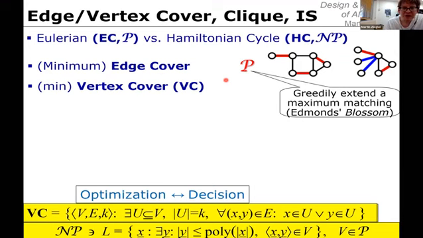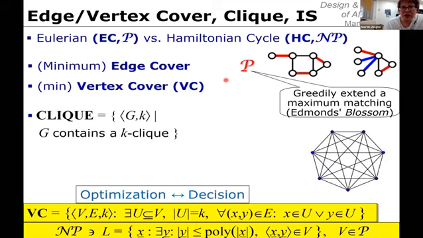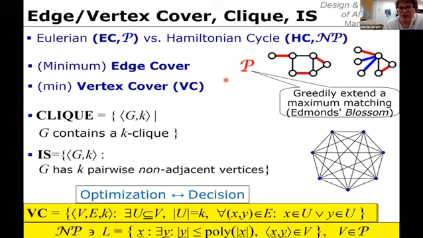Then we have looked at the clique problem and the independent set problem. Again, both are decision problems in graphs. Clique asks to find the largest clique, the largest complete subgraph. Independent set asks to find the largest independent subgraph, the largest set of vertices which are pairwise not connected to each other, so that between any two of these vertices there is no edge.